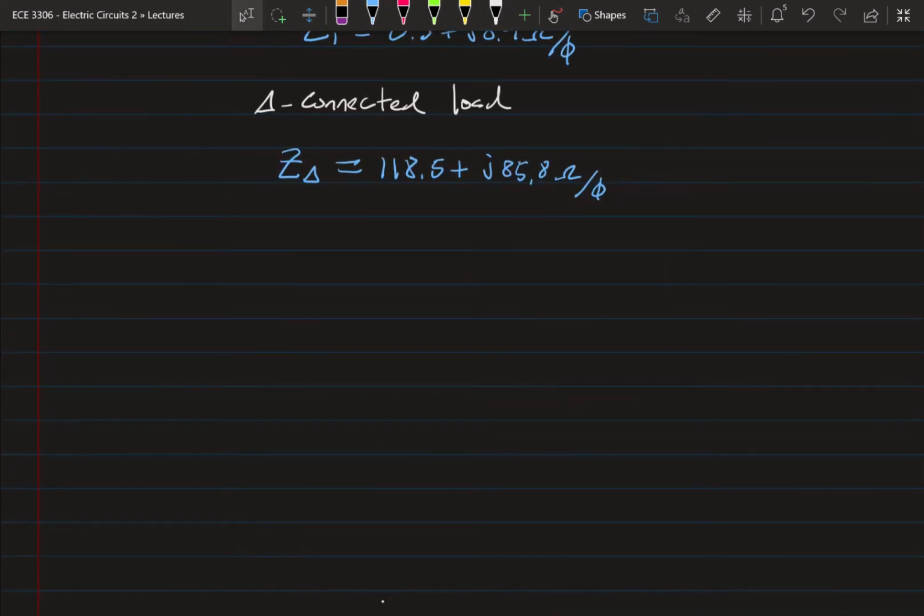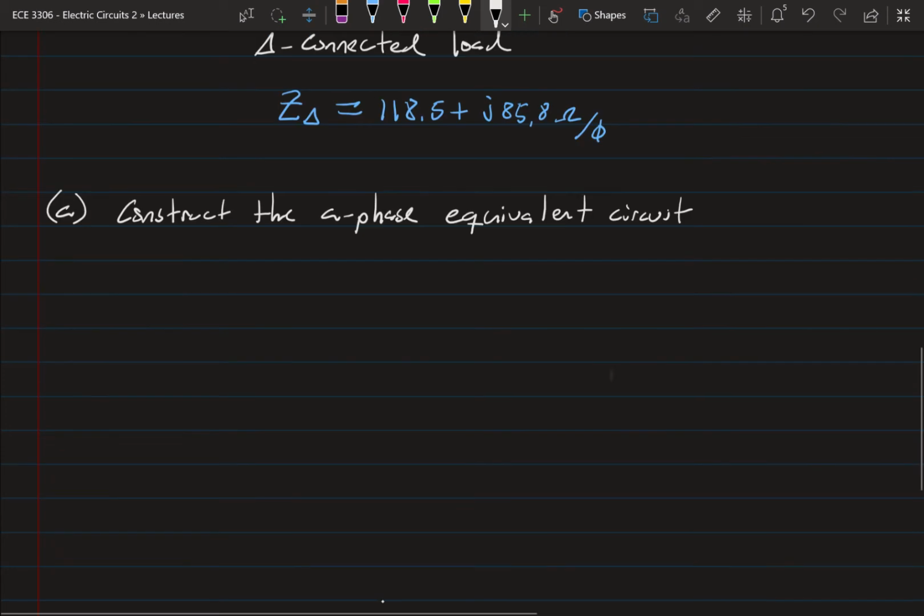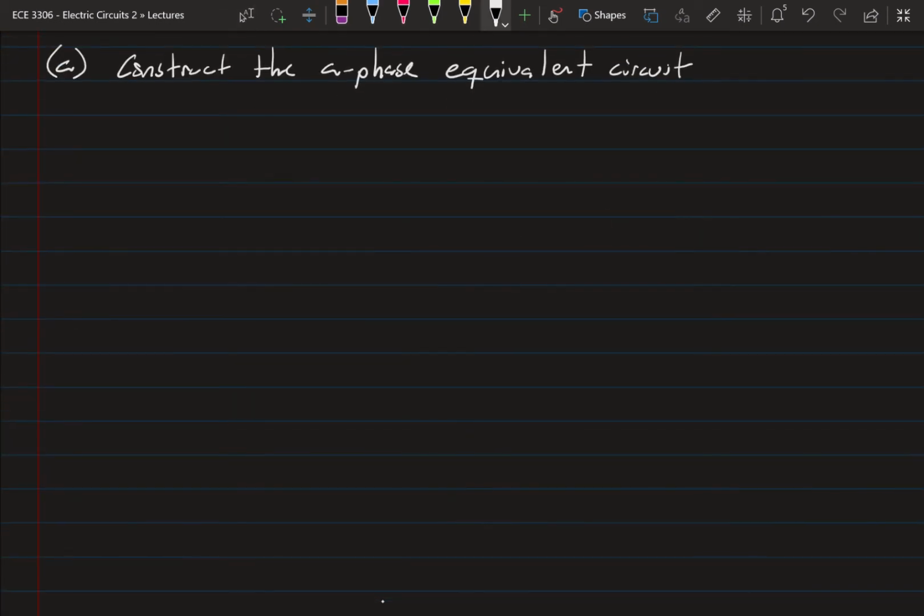Now in part A, we're going to go ahead and construct the A phase equivalent circuit. So we've already got everything we need to do that.